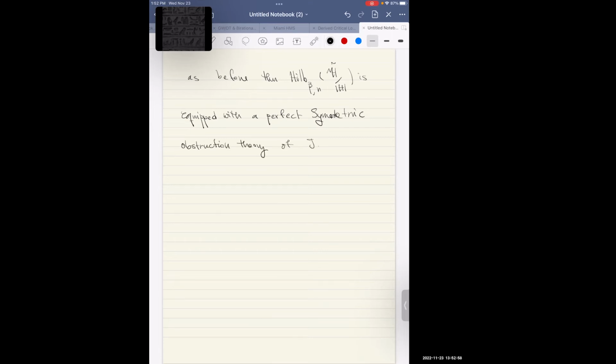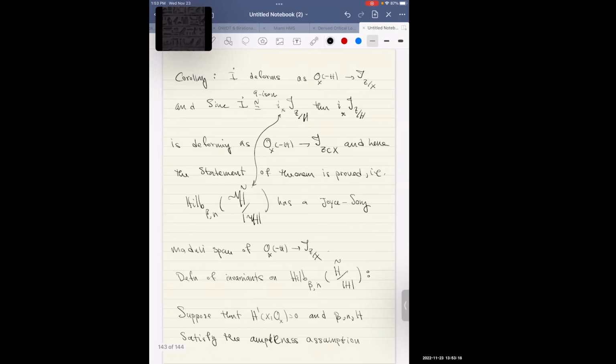Of the Joyce-Song moduli space, given by, okay, a symmetric perfect obstruction theory is an object in the derived category whose cohomologies capture deformations of Joyce-Song pairs.